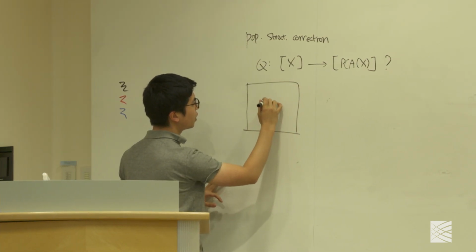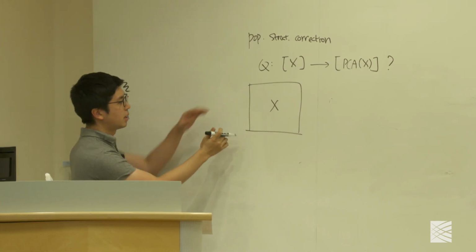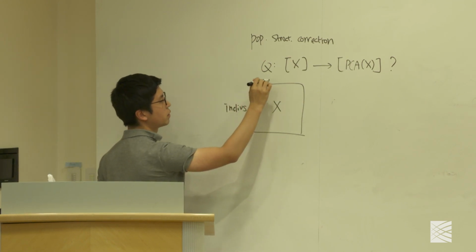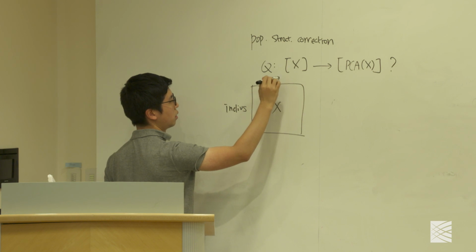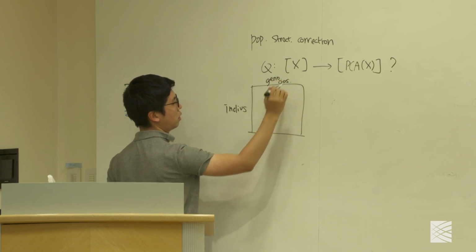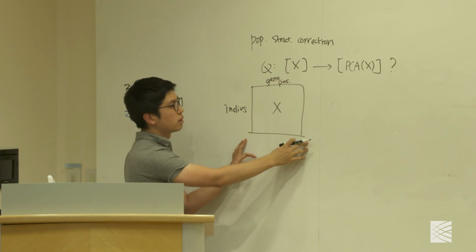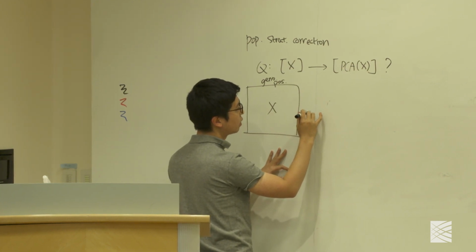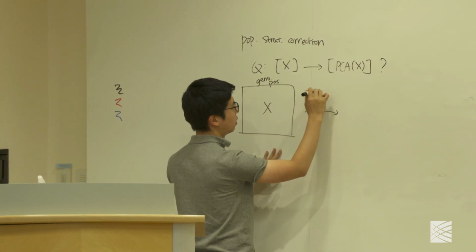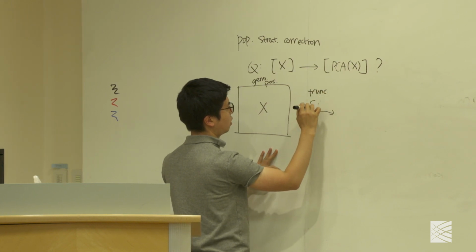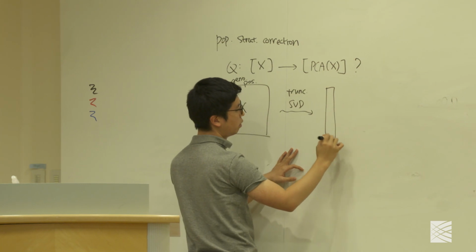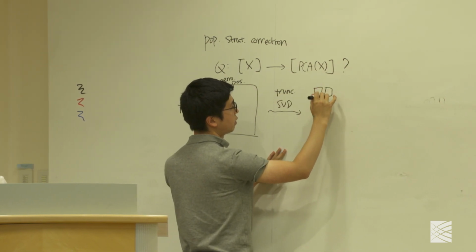Just to give you some intuition, this is going to be our genotype matrix with individuals on one side and genomic positions on the other. And PCA is equivalent to performing a truncated SVD, which is a form of low-rank matrix factorization.